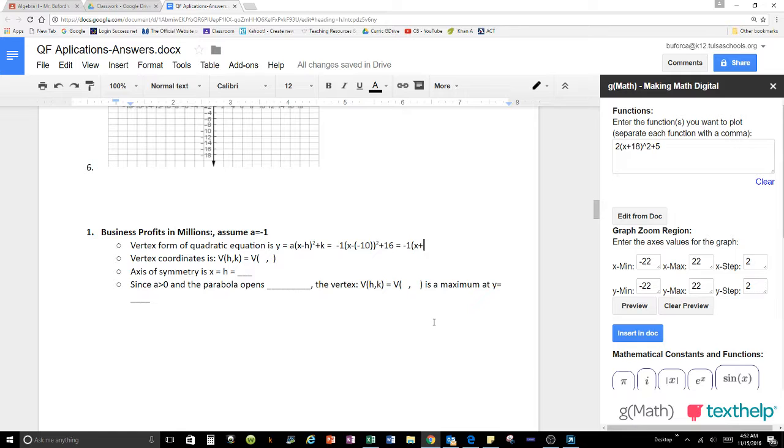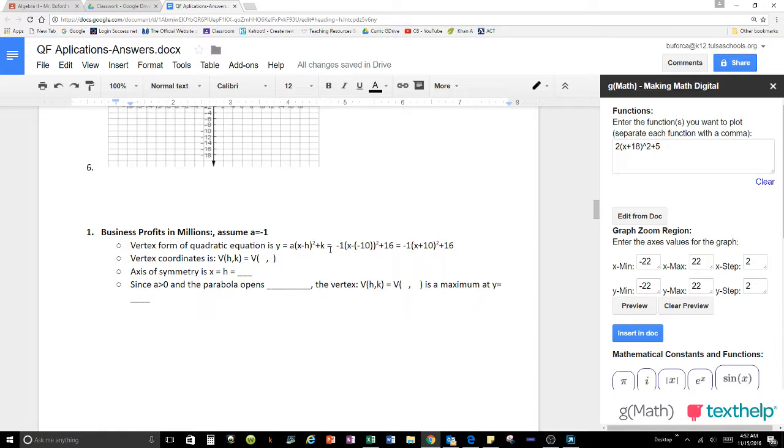So that's +10. And then we say control period gets us up there, put our 2. Control period brings us back down. We say +16, because K is equal to 16.